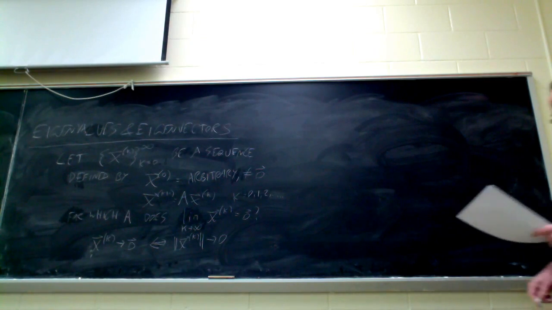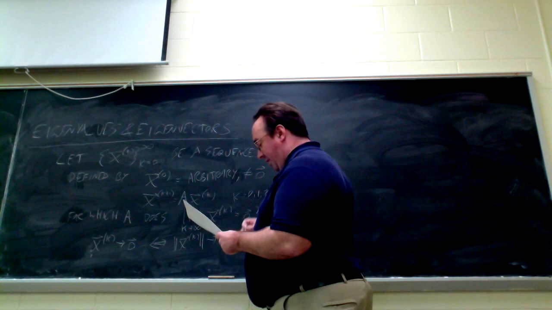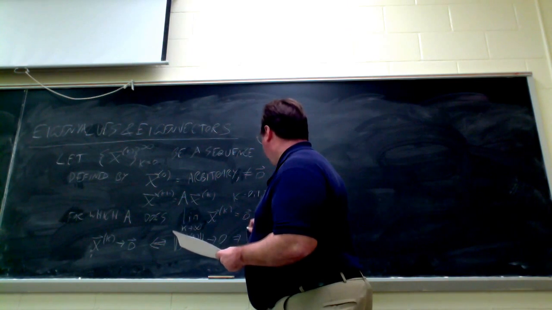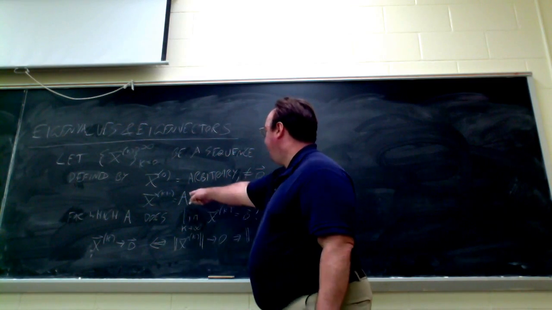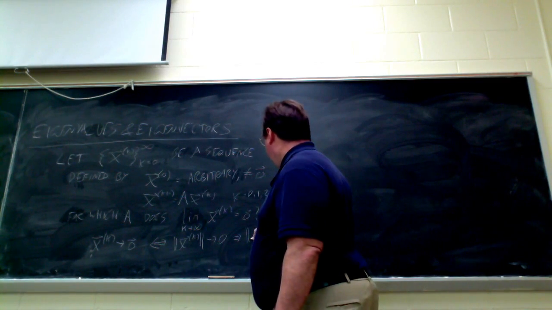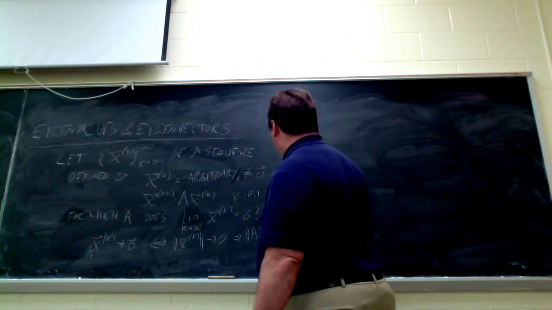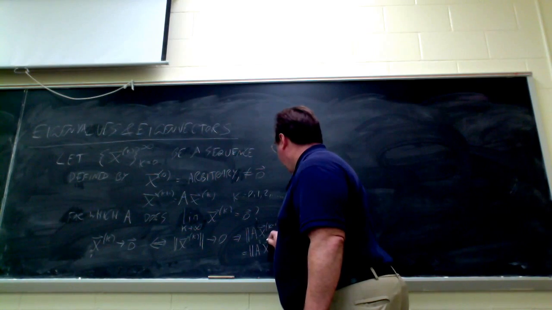But now, that would mean that I can write xk using this formula as A times xk minus 1, which is equal to A squared xk minus 2, and so on.